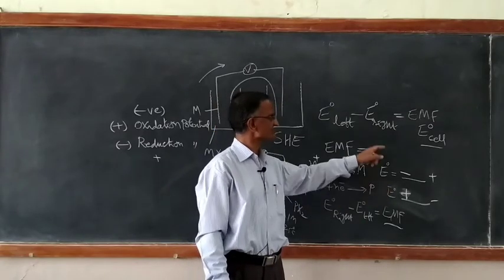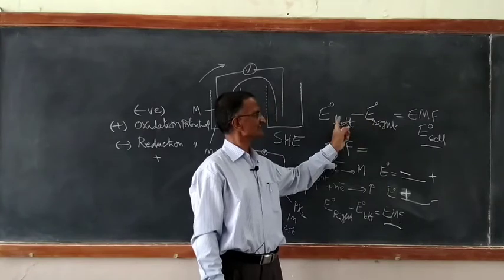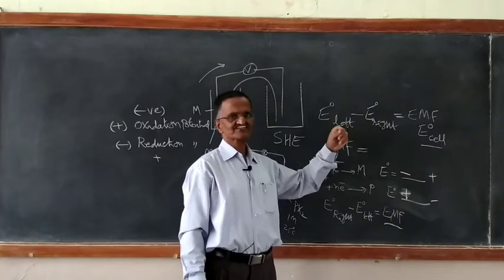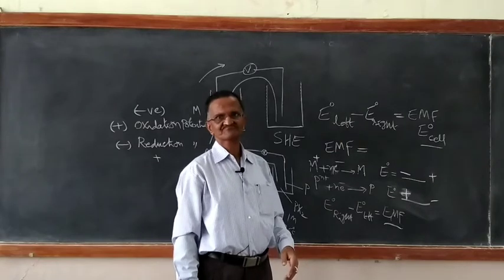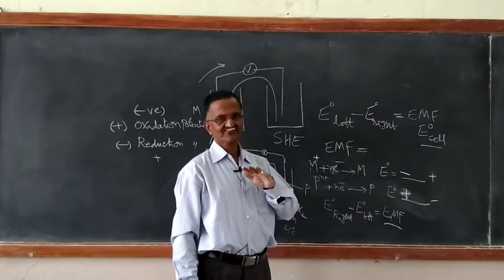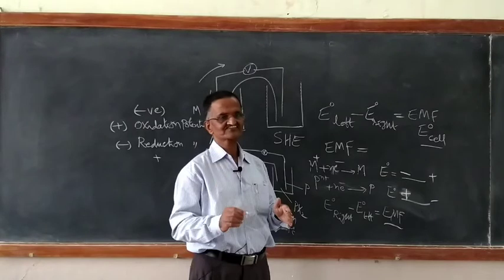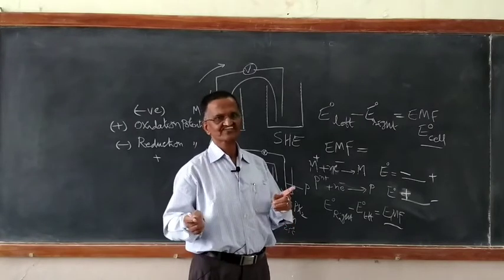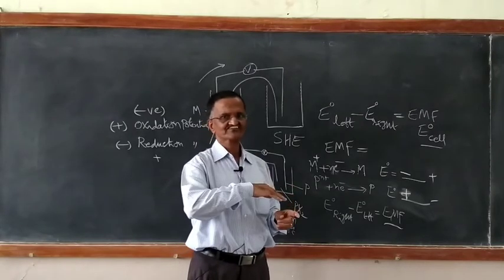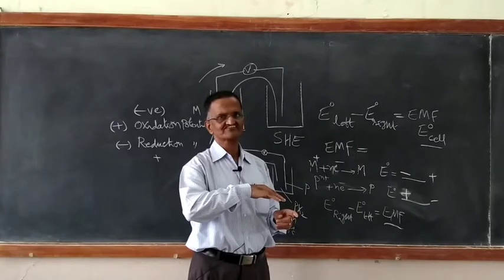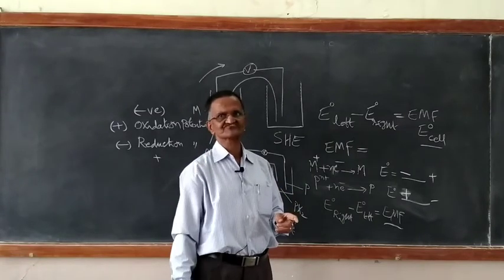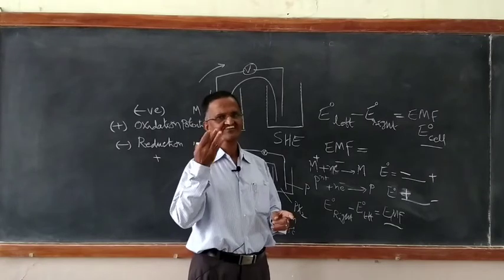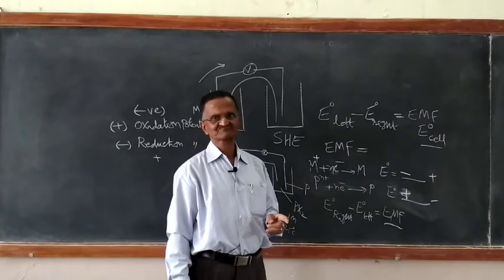Change the sign. You can make use. Then both of them you are taking in terms of oxidation potential values. Be sure, have no confusion. But in the examination, to confuse you, they may ask whether you can convert one electrode potential value from one term to the other term. They will confuse, but we are not ready to get confused.